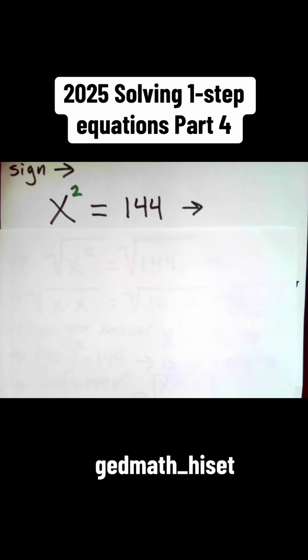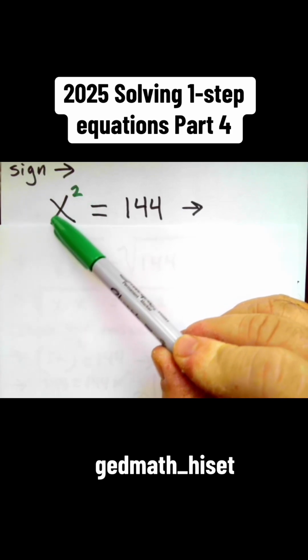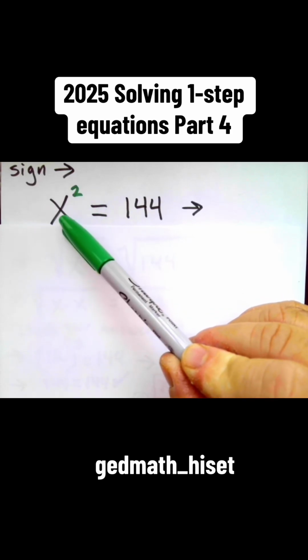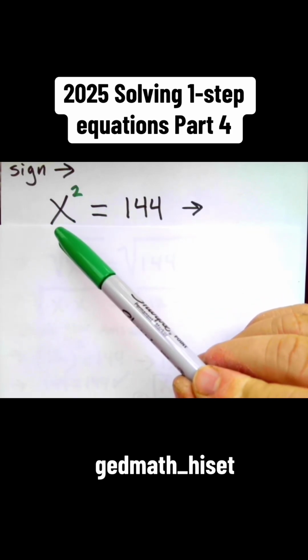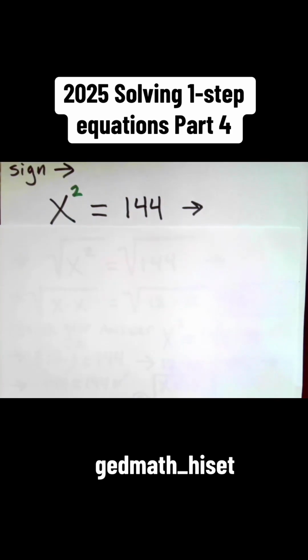So we have x squared equals 144. In order to free this x up and get it all by itself, it's almost all alone, but that power of the 2 is still attached to that x. And I cannot solve for x until x is all by itself on one side of the equal sign.